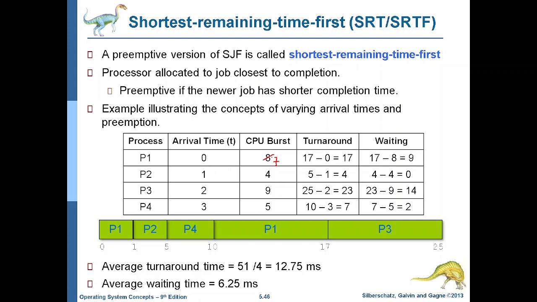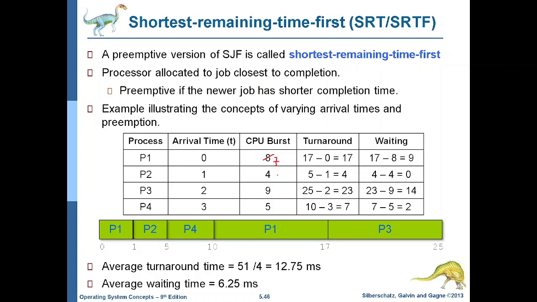If you can see here, the time for P2 is 1 until 5. It means that P2 is executed until it finished. The reason for this is that the burst time for P2, if you look at this table, compared to the other processes, is the smallest.